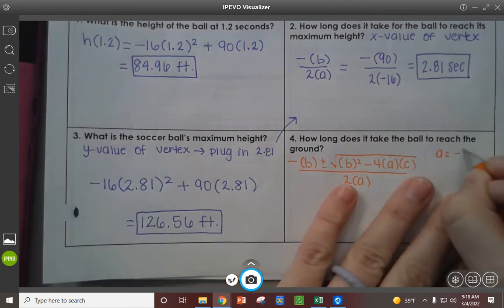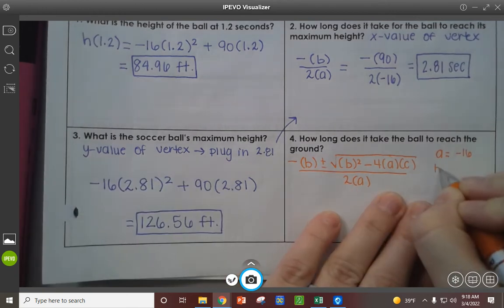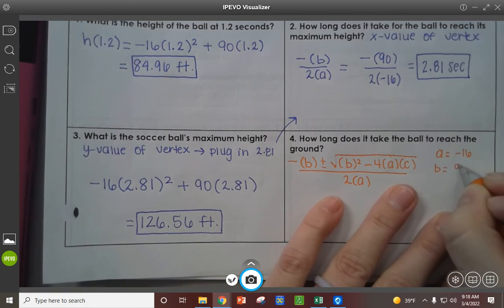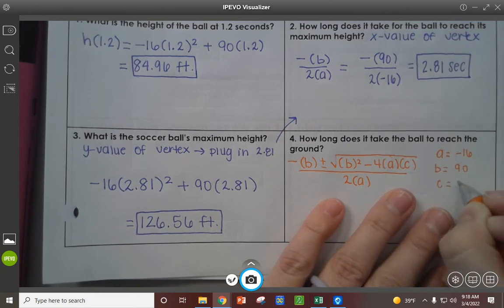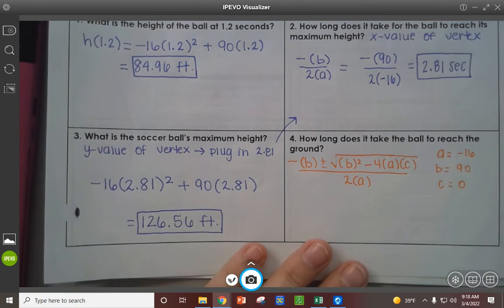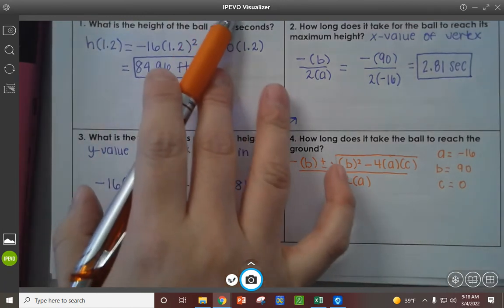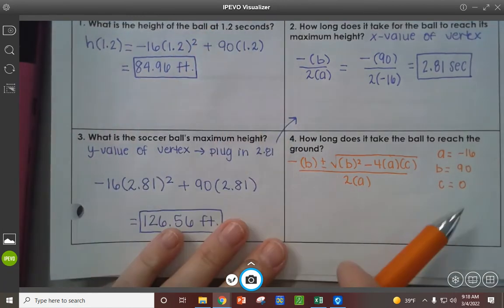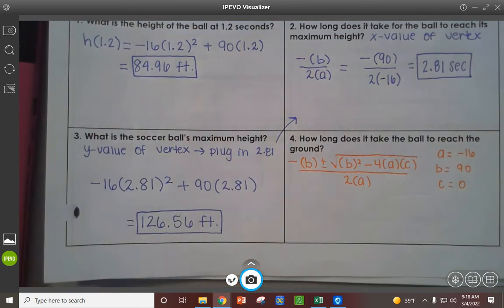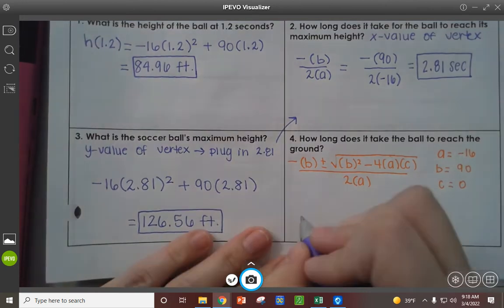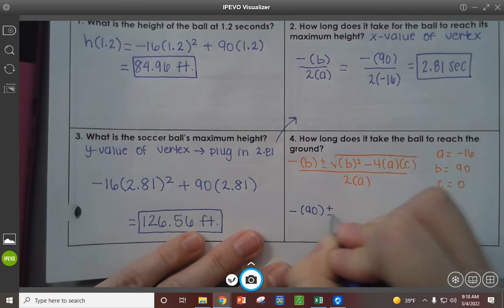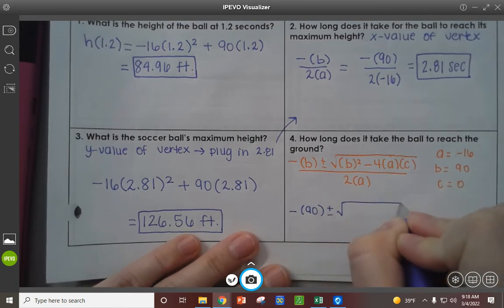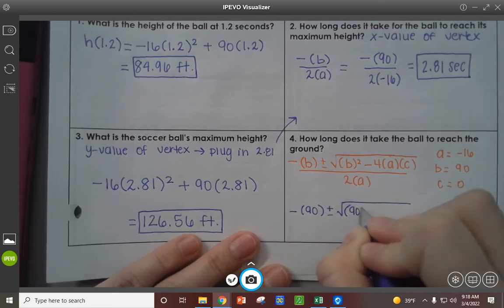So A is negative 16. B is 90. What is C? In your equation, you don't have a plus or minus any number yet. So your C is 0. And then fill in your A, B, and C to the formula.